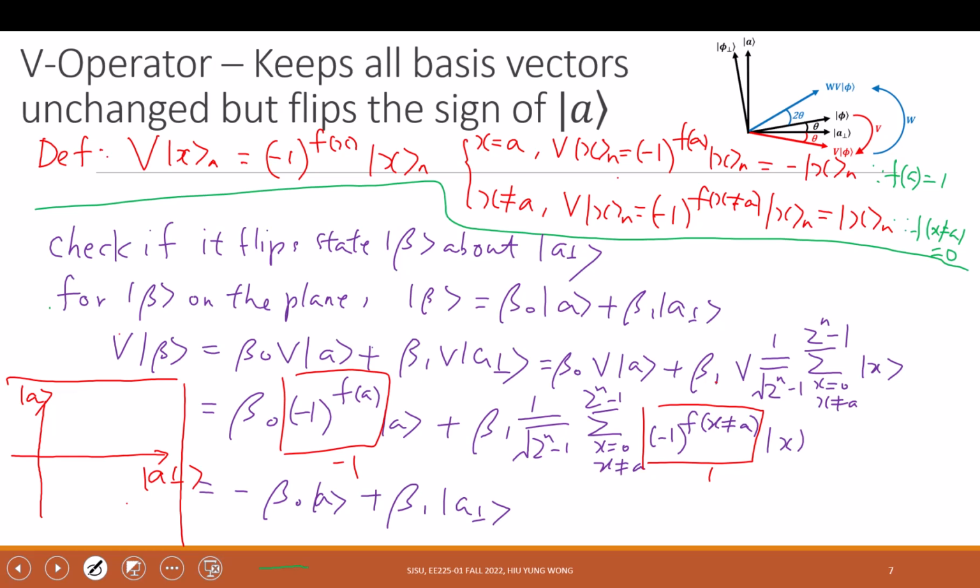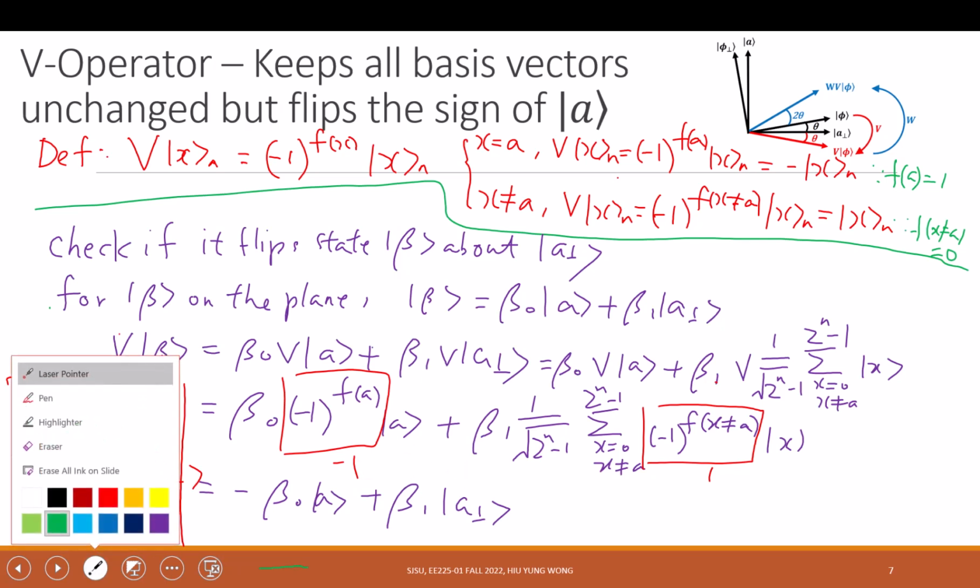If I have a vector, let's say this is beta. If this is beta 1, this is beta 0, then this is beta, right? Because it's beta 0 times A plus beta 1 times A perpendicular, right? That equals beta. I decompose it into X and Y. After flipping, what does it look like?